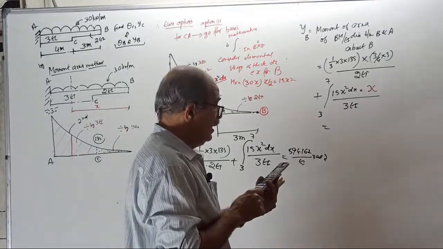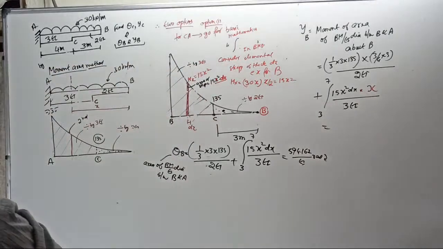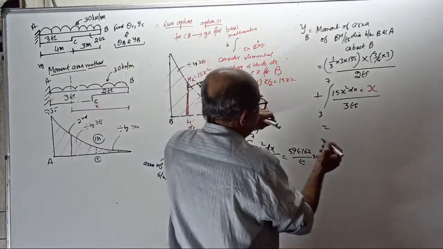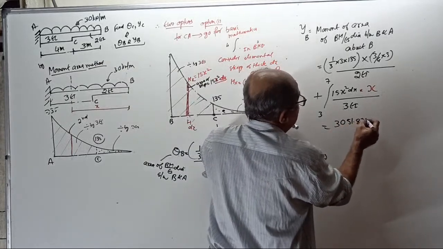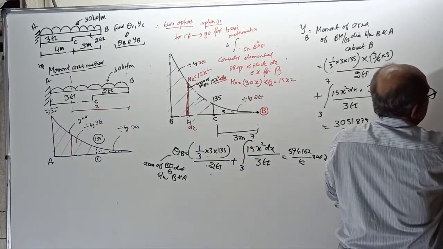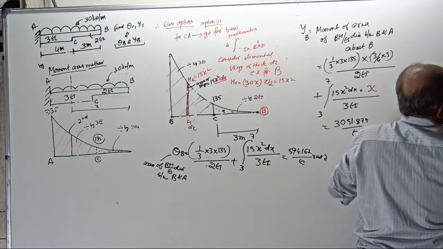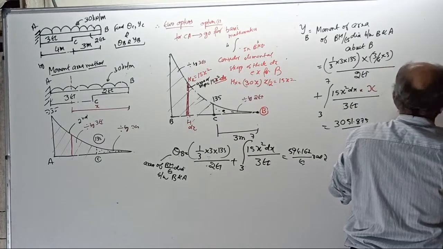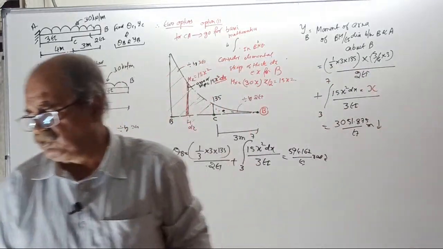I am getting 3051.875 by EI meter down. If correct, tell me. I will go to the second solution.